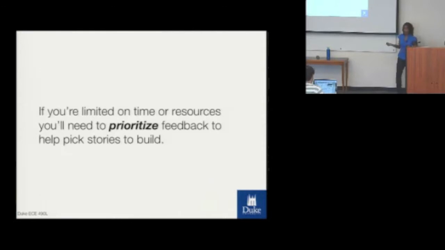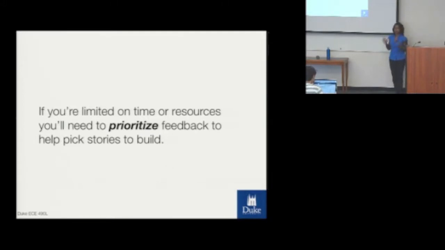So what ends up happening is when you create this laundry list, you see there's a lot of stuff that you have to implement. And sometimes you can't if you're really constrained on time. And this is why you take the time to do this. Because in the case where you end up with this really long list, you've got to go back and figure out how many resources we have, how we can prioritize the feedback that was given to us, and then pick the stories and build only those that had the highest priority.